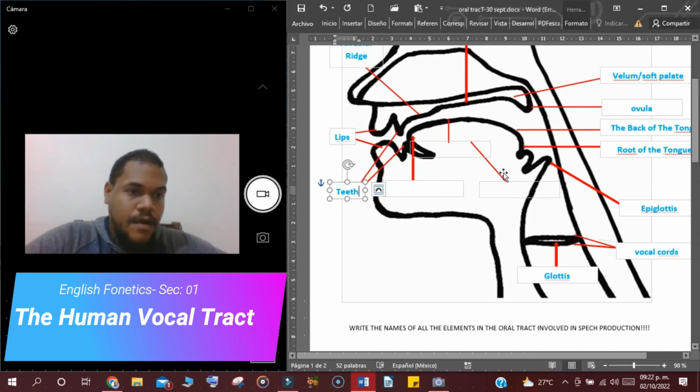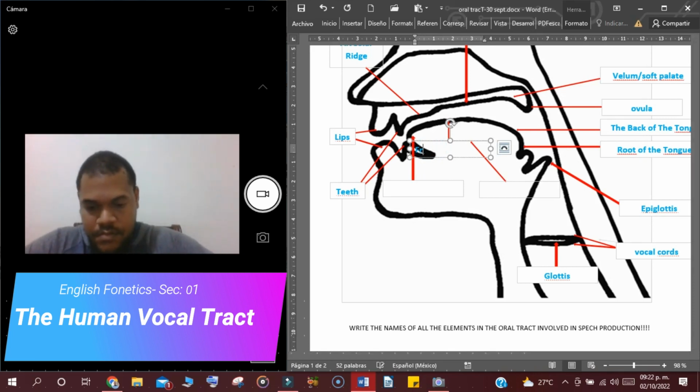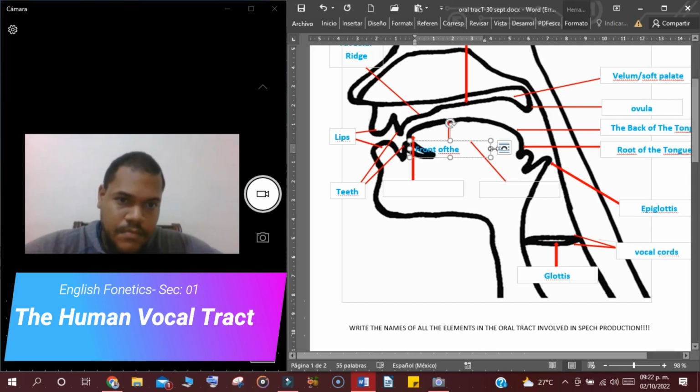So we're talking about the root of the tongue, the back of the tongue, and right here we have the front of the tongue. Front of the tongue.